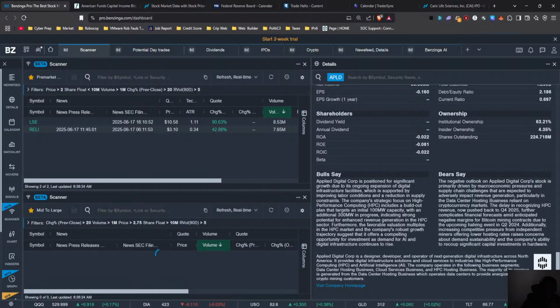The delay in recognizing HPC revenue, now pushed back to Q4 2025, further complicates financial forecasts amid anticipated negative margins for Bitcoin mining contracts due to the upcoming halving event in Q2. Oh, that's already happened. Oh, in Q2 2024. Additionally, increasing competitive pressure from independent miners.